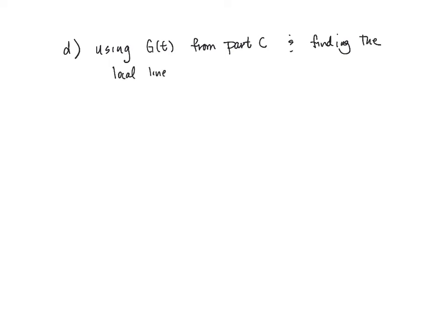All right, lastly in part D, we are to use the local linearization approximation, or the tangent line, using the g of t that's given in part C. And remember, when you're using that tangent line, it's going to use y minus y1 equals m times x minus x1.